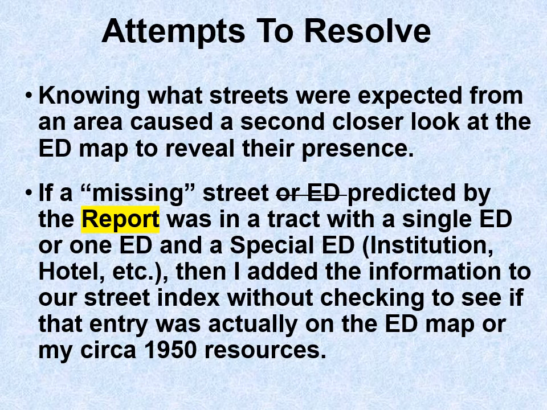If a missing street or ED, it wouldn't be an ED because we'd have to transcribe that, but if a missing street by the report was in a tract with a single ED, a one ED and a special ED, which is always inside of the parent ED, then I added the information to our street index without checking to see if the entry was actually on the ED map or my circa 1950 resources.